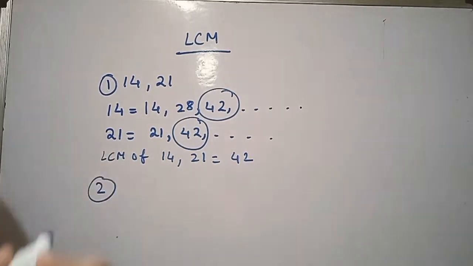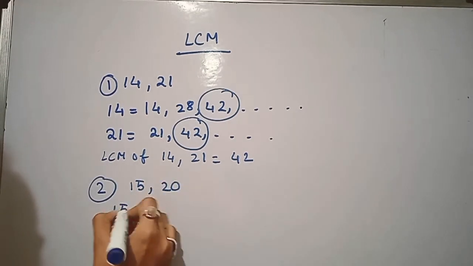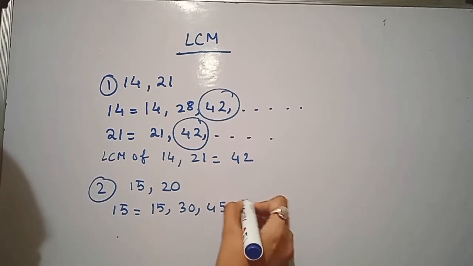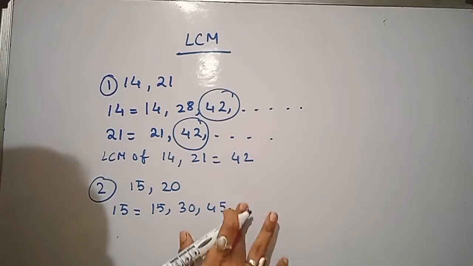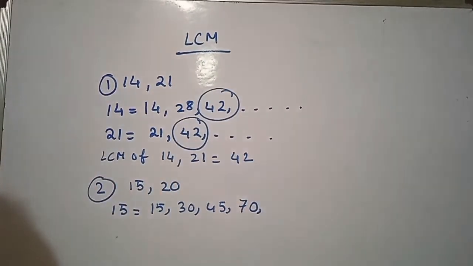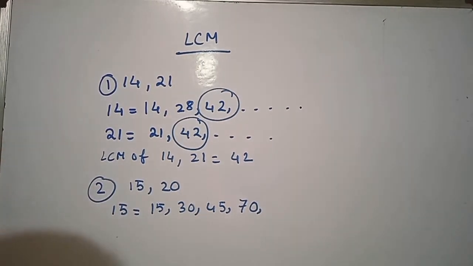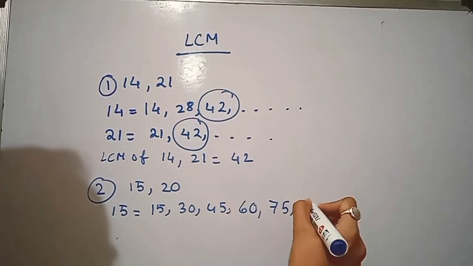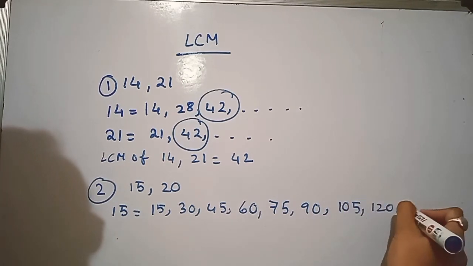Number 2 was 15 and 20. The multiples of 15 are 15, 30, 45, 60, 75, 90, 105, 120 and so on.